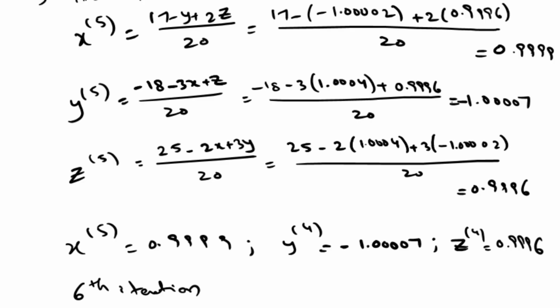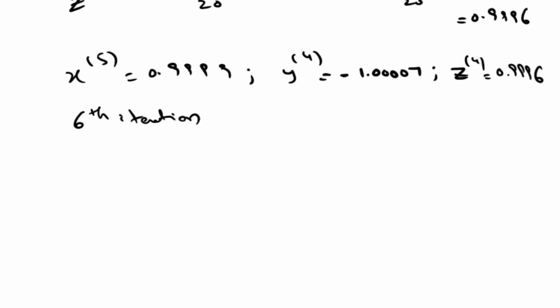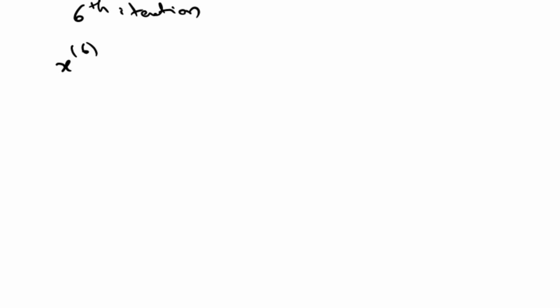Now if you are finding the sixth iteration by substituting the values from the fifth iteration, we will find x in the sixth iteration by using the formula (17 - y + 2z)/20.